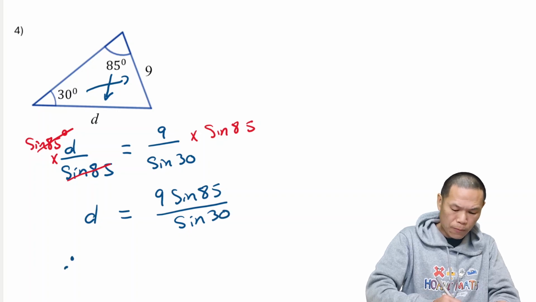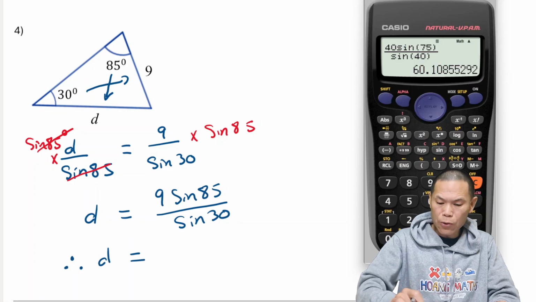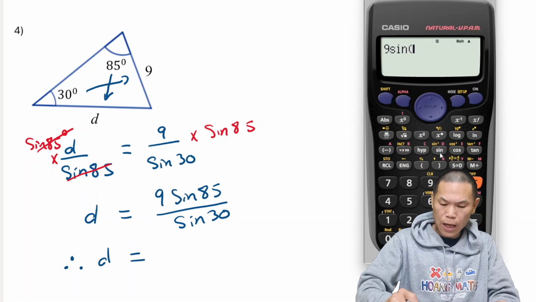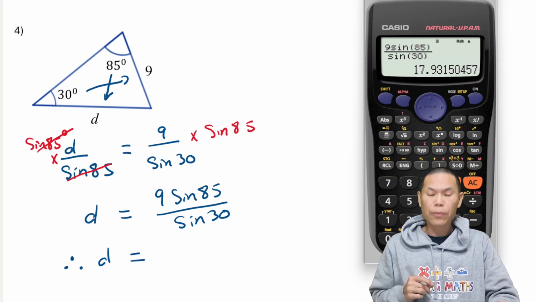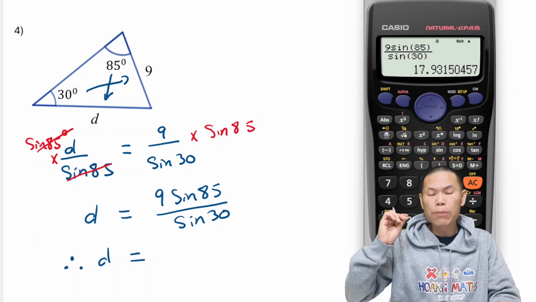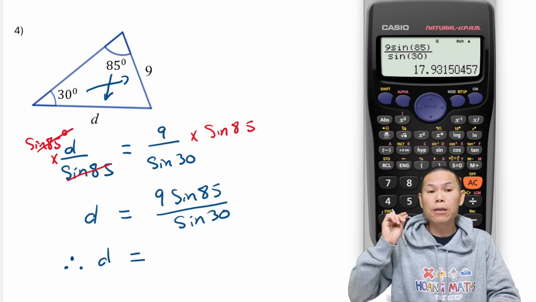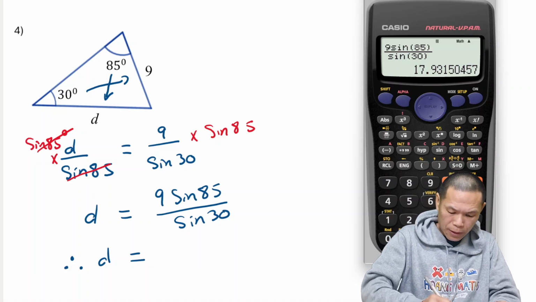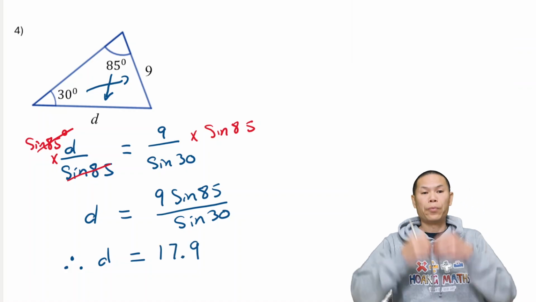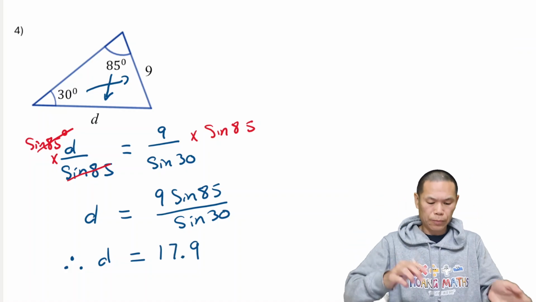So therefore, D equals, I just go 9 sine of 85 over sine 30. There you go. 17.93. Correct to one decimal place, so 17.9. There you go.